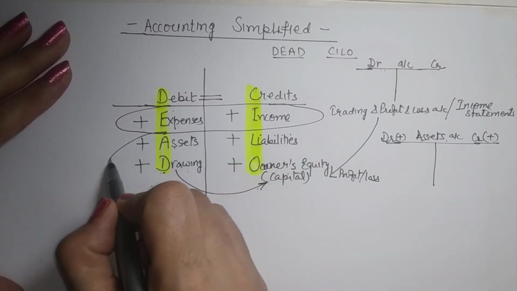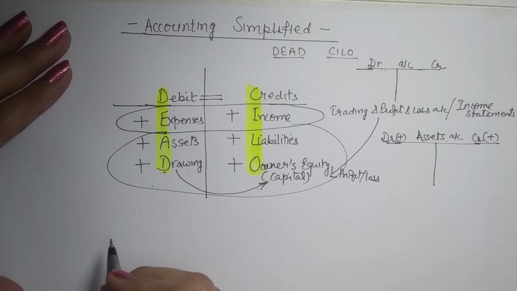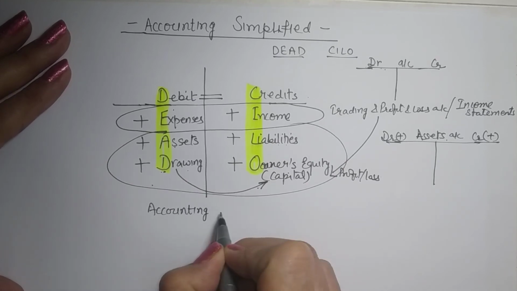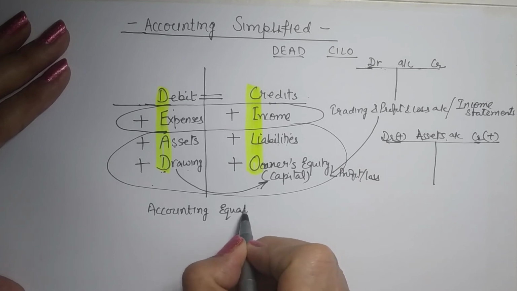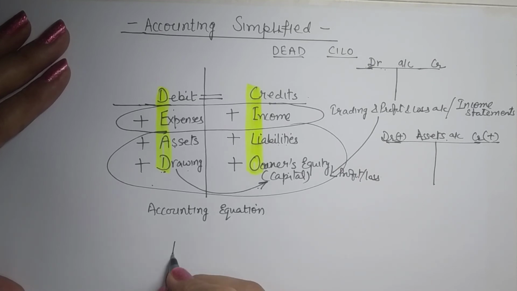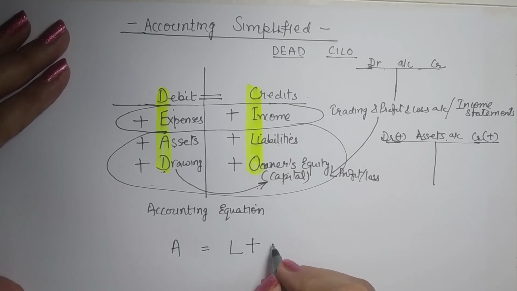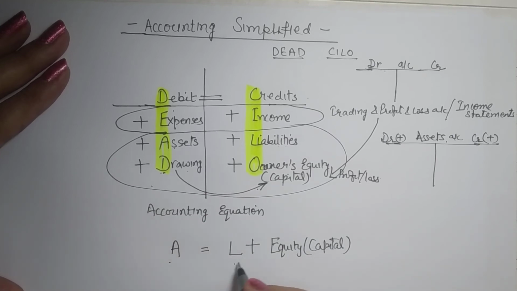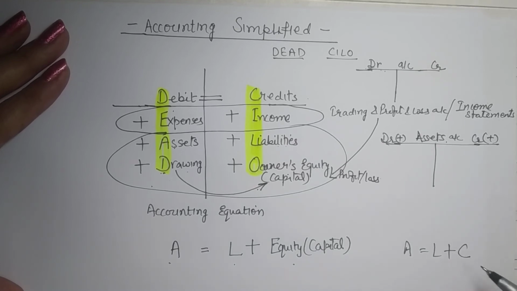So when you present this, we get the accounting equation. What is our accounting equation? This will help you a lot later on when you are passing entries. It is assets is equal to liabilities plus owner's equity, which is also referred to as capital. Some people call it A is equal to L plus E. Some people call it A is equal to L plus C. And what is this equity here?